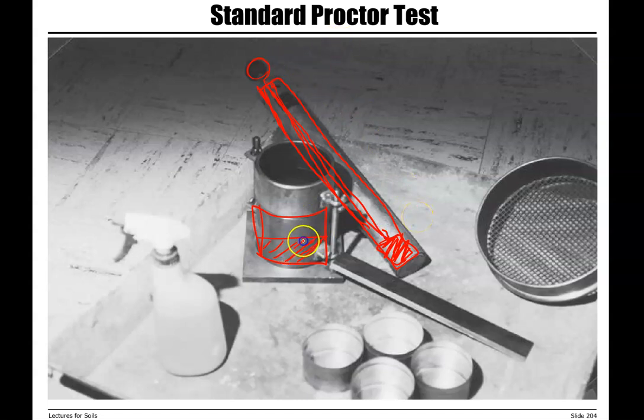We put the first layer of soil in here, 25 number of drops. Do the second layer, 25 number of drops. Add the extension and add more soil and then compact the third layer.